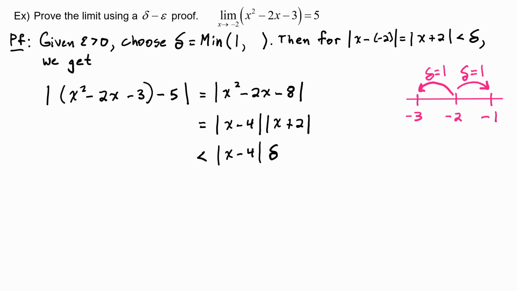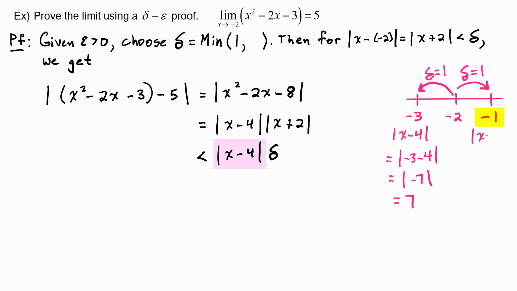Now let's analyze what happens to this factor of absolute value of x minus 4. If we take negative 3 and plug it in for x, then we have the absolute value of negative 3 minus 4, which of course is the absolute value of negative 7, which is 7.